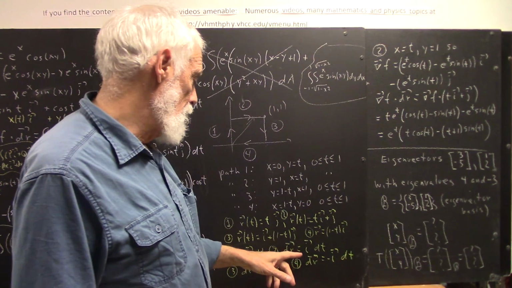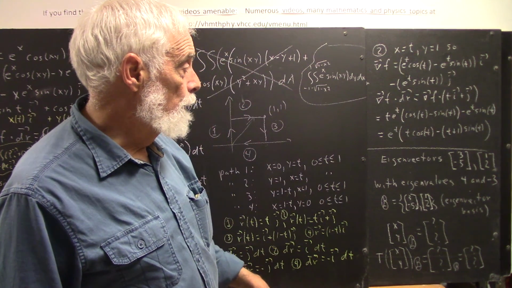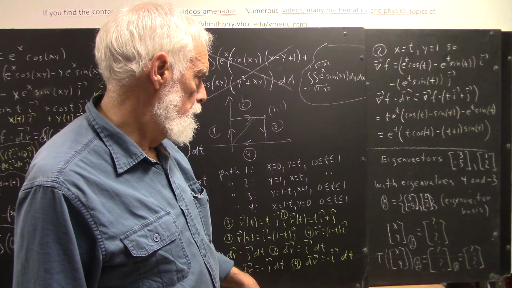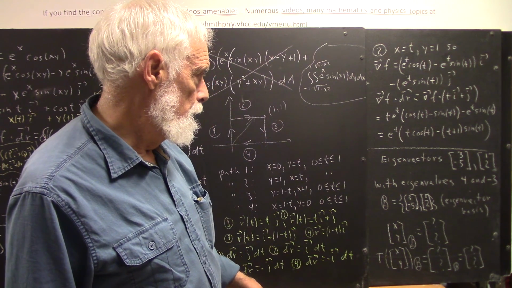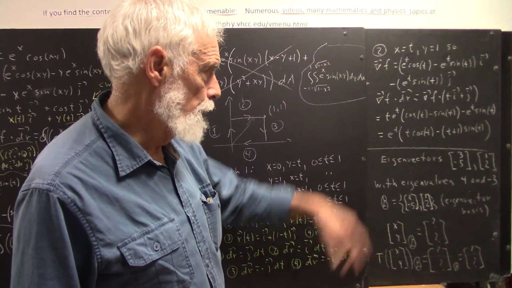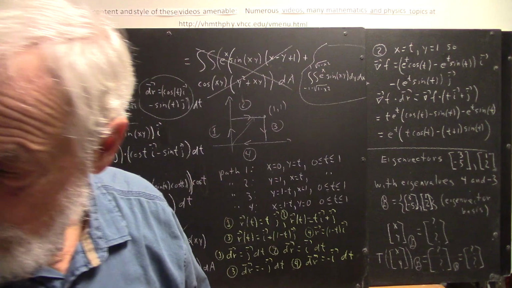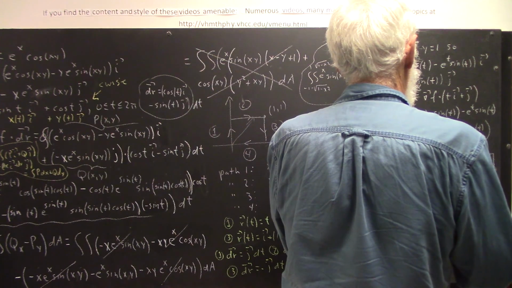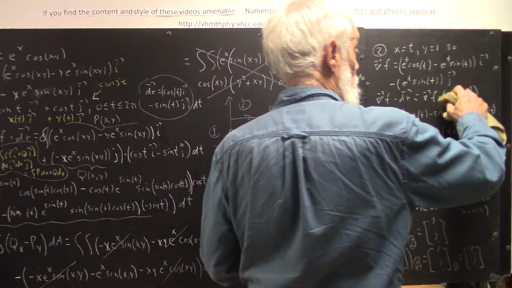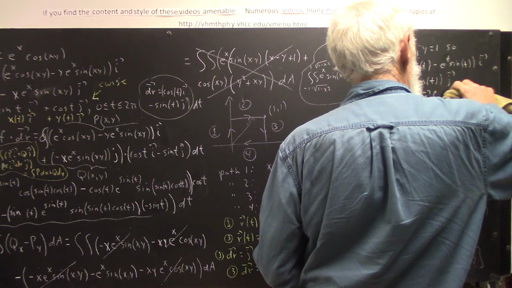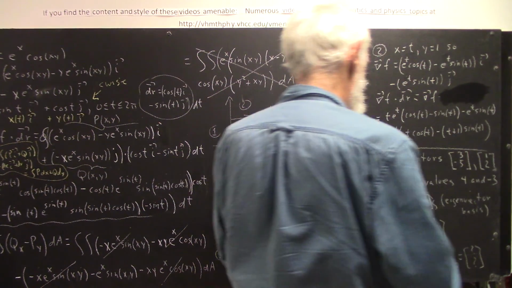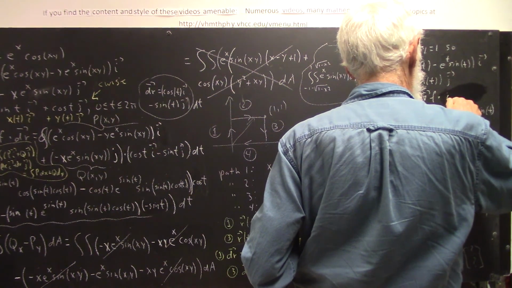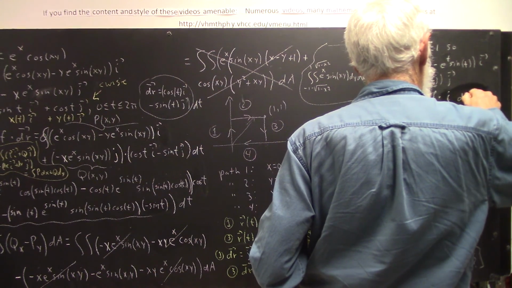Then del f dot dr. Well, our dr is just i dt, so, I wrote that down wrong. I apparently was on a roll. Del f dot dr, for r equal to t i plus j, dr is i dt.